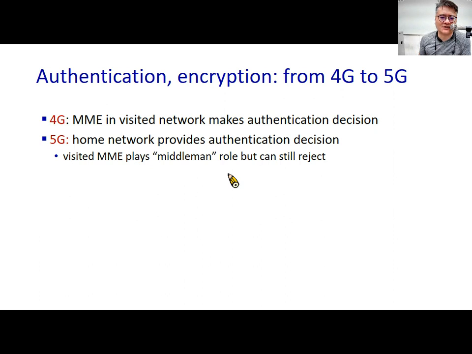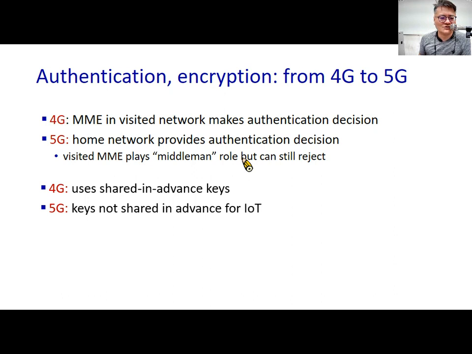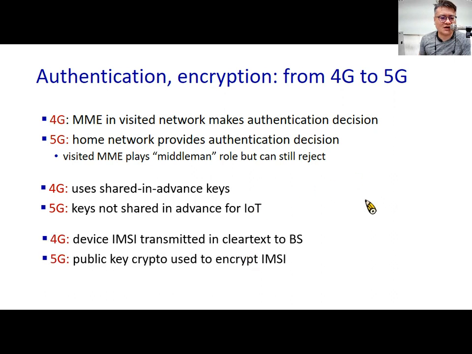The middleman's role can still be to reject. In 4G, the key is shared in advance, while in 5G the key is not shared in advance for IoT devices. In 4G, the IMSI is transmitted in clear text to the base station. In 5G, public key cryptography is used to encrypt the IMSI.